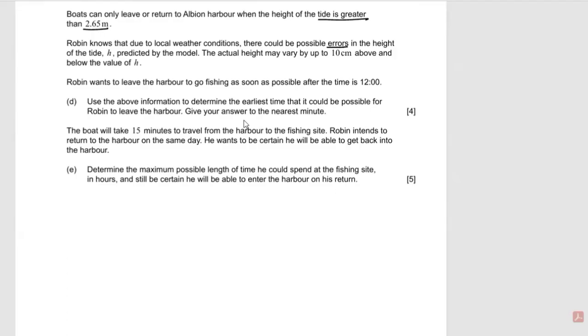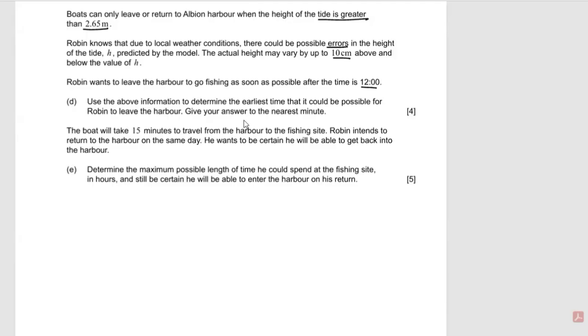The actual height may vary by up to 10 centimeters above and below the value of h. So Robin wants to leave the harbor to go fishing as soon as possible after the time is 12. So that's one condition.